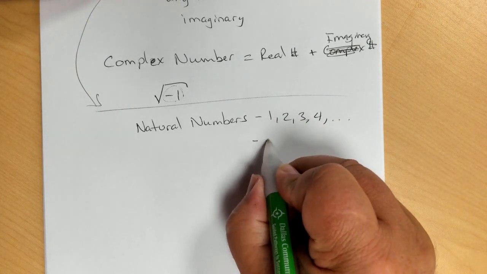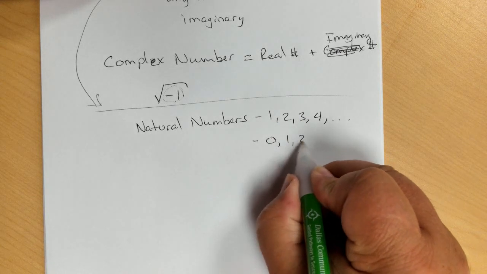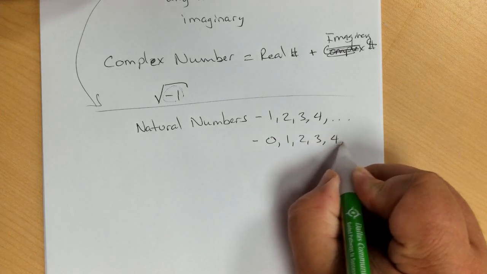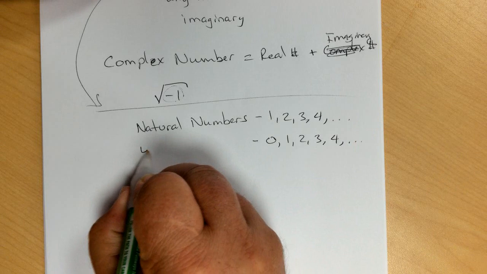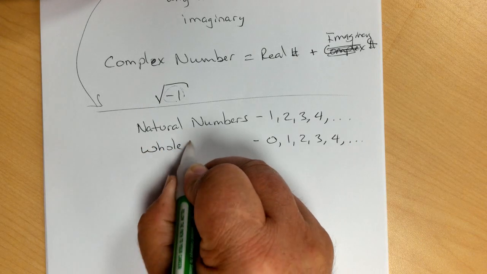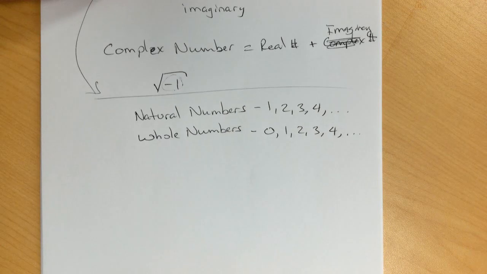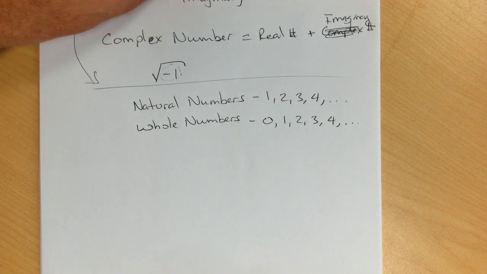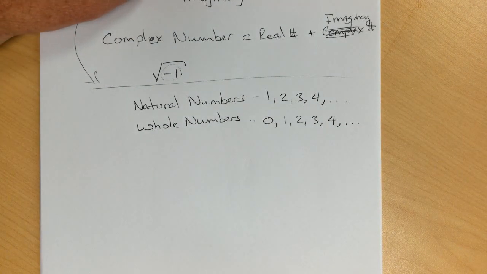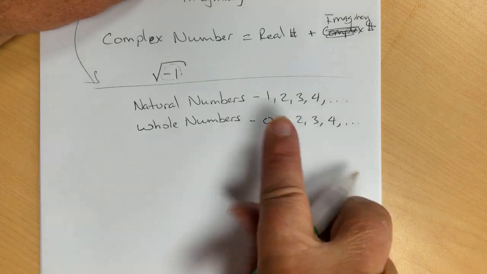If we take the natural numbers and add a 0 before them, those are called whole numbers, because it starts off with a whole.